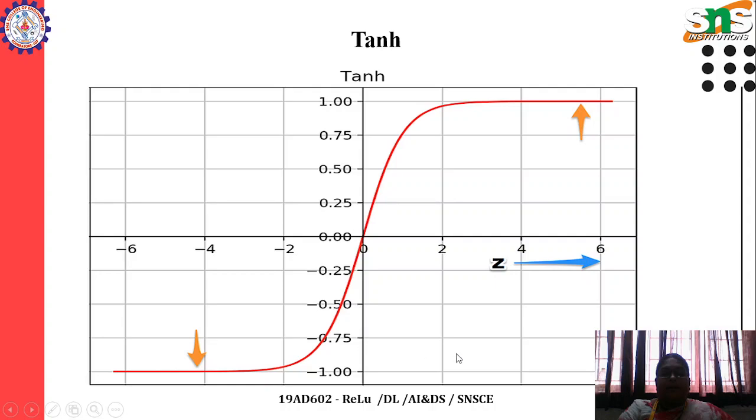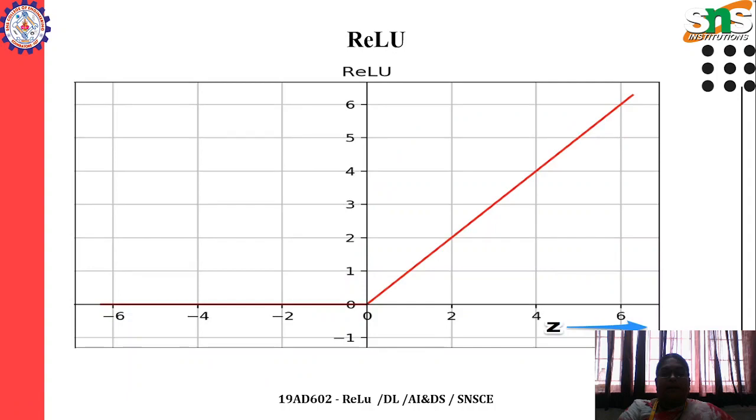When you plot tanh, you could see it rises from the negative value and goes to the positive value. So this is the tanh function. And when you see ReLU, it does not have both the negative and the positive; it's a straight linear line, and it has only the positive value.